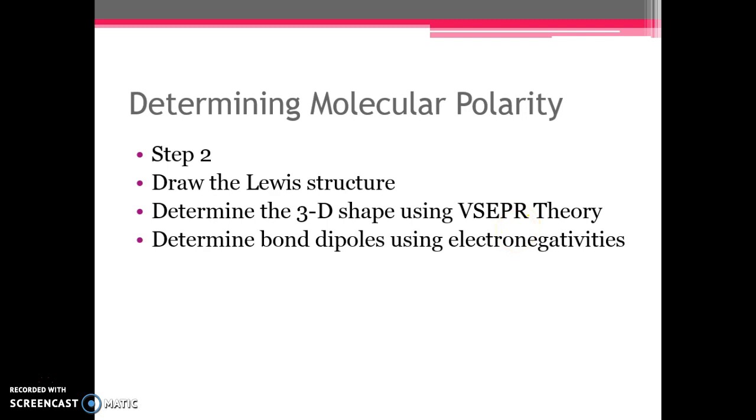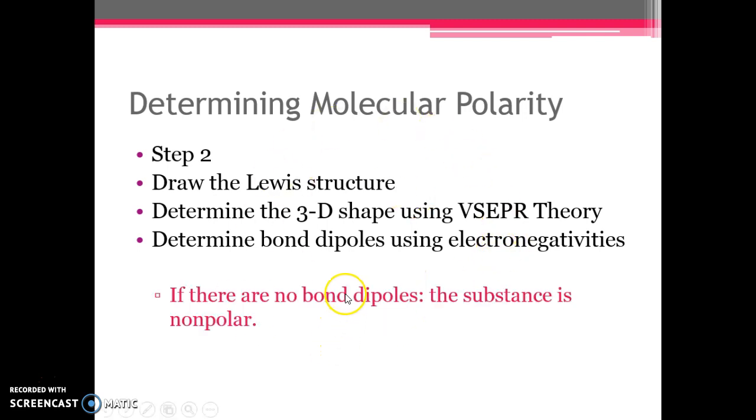And finally, you want to determine if there's any bond dipoles using electronegativity values. Once you have done that, you can conclude that if there are no bond dipoles, regardless of what the substance is and what the shape is, it is going to be nonpolar. However, if there are bond dipoles, then you have to go on to step three, because just because there's bond dipoles doesn't mean the whole molecule itself is going to be polar.